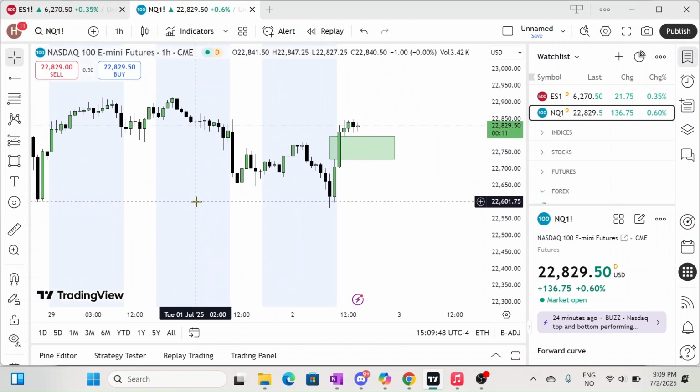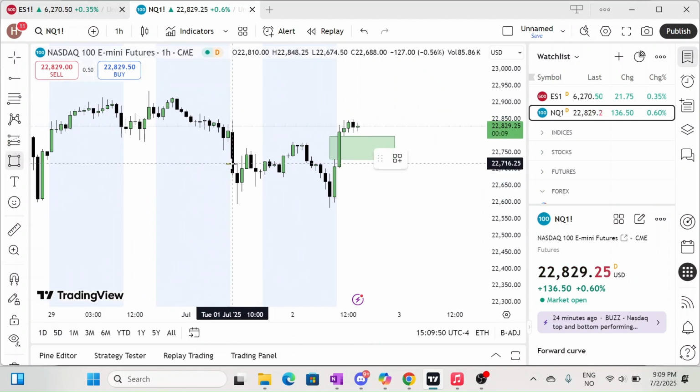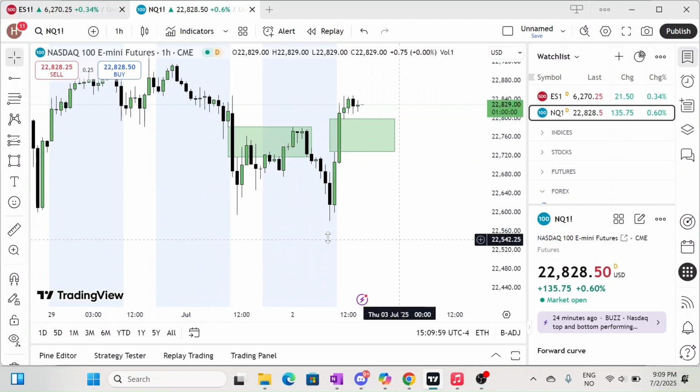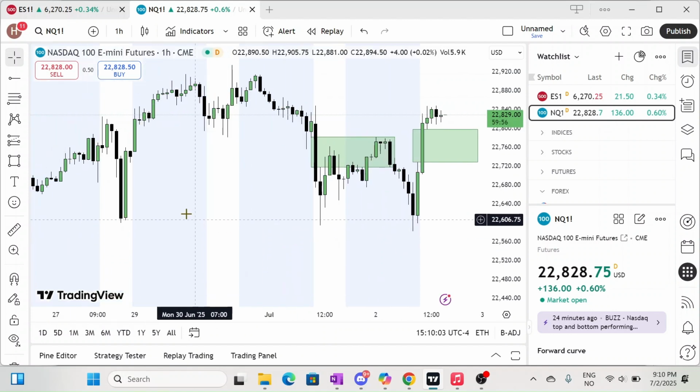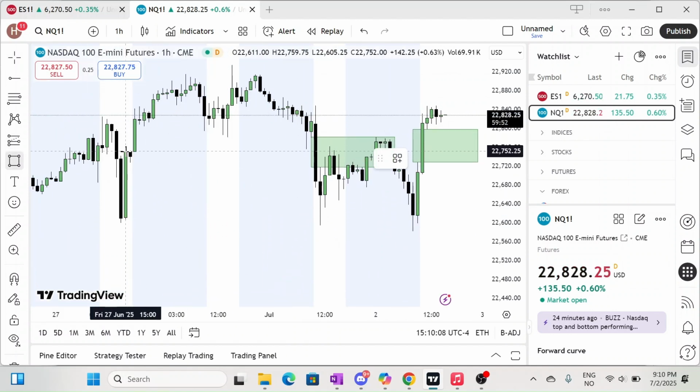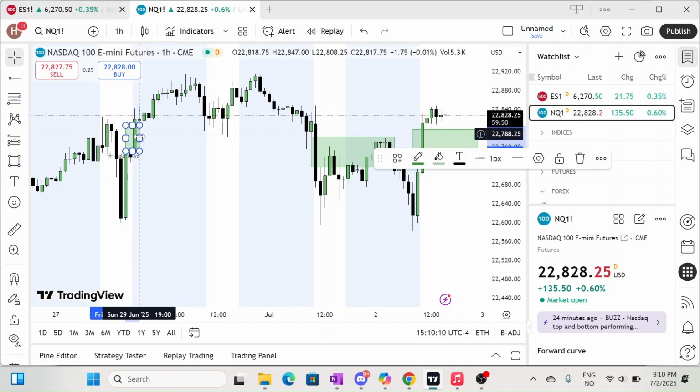We can continue back. We can see we have from the high of this candle to the low of this candle, and this will be the bearish fair value gap. So as you see here, when price comes in to this zone, it goes down again usually, and we can go back. We have a bullish fair value gap here.